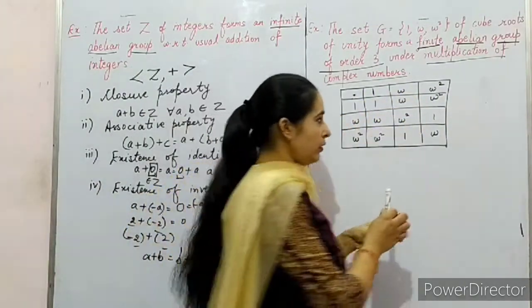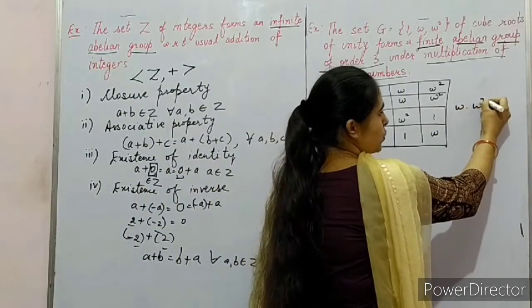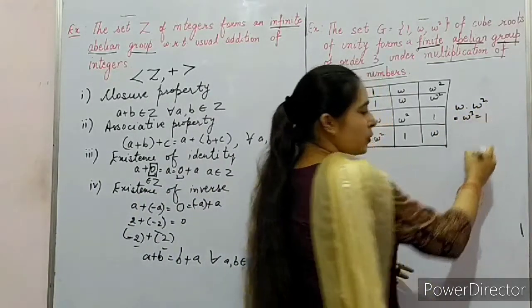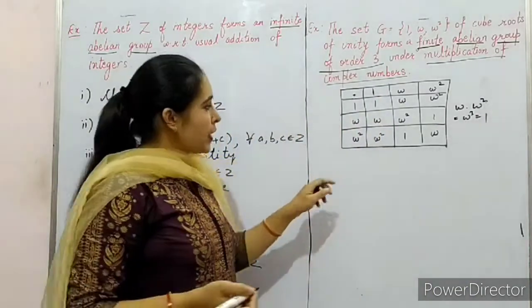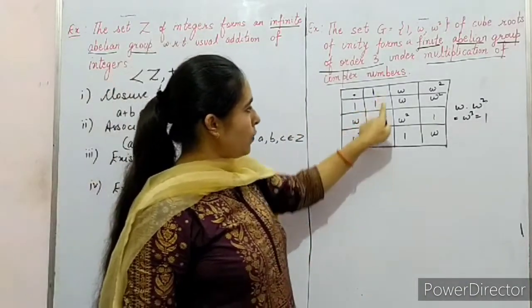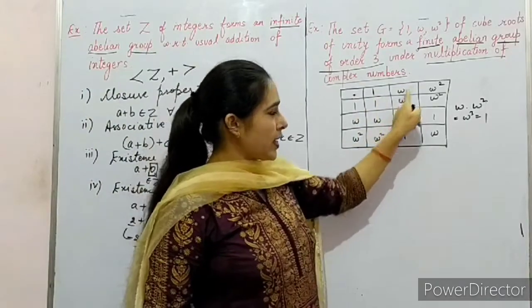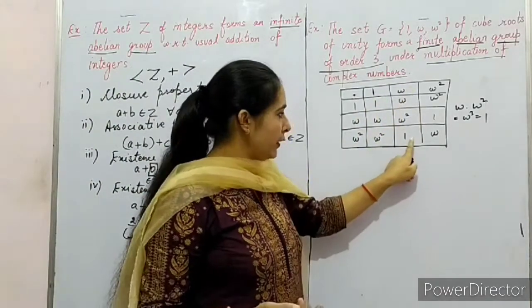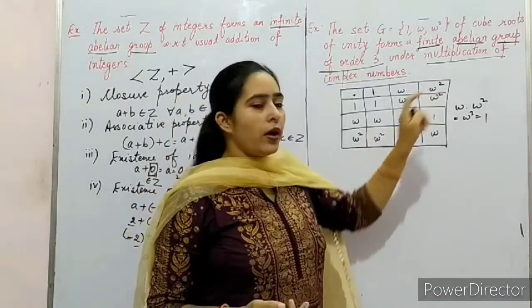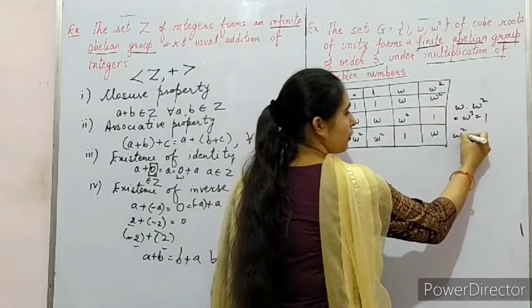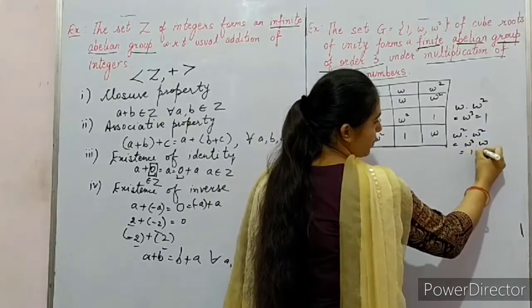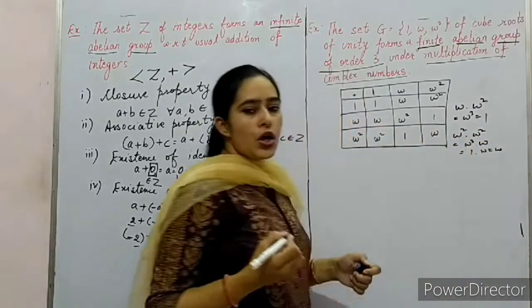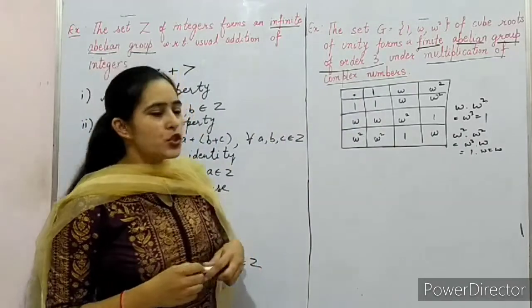Omega into omega square is omega cube, and that is equal to 1. Why? Because these are cube roots of unity. Similarly here, omega square into 1 is omega square. Omega square into omega is again omega cube, so answer will be 1. Omega square into omega square will be omega cube into omega, so it can be written as 1 into omega, that is omega. So we have constructed the composition table.